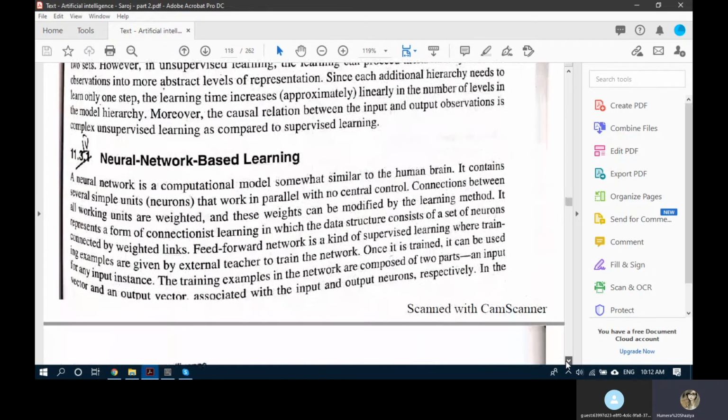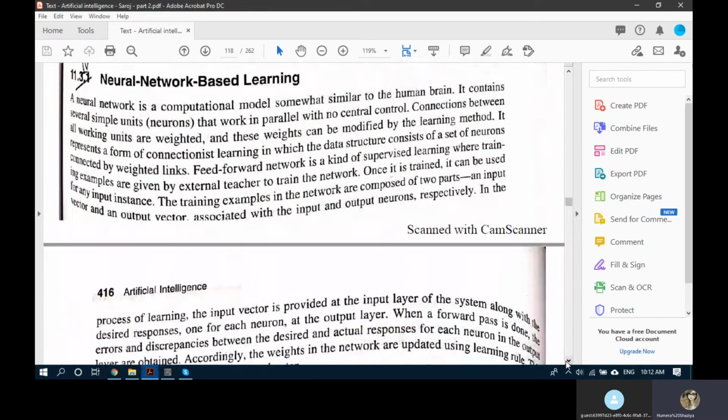Neural network based learning. Neural networks are very classical kind of structures.